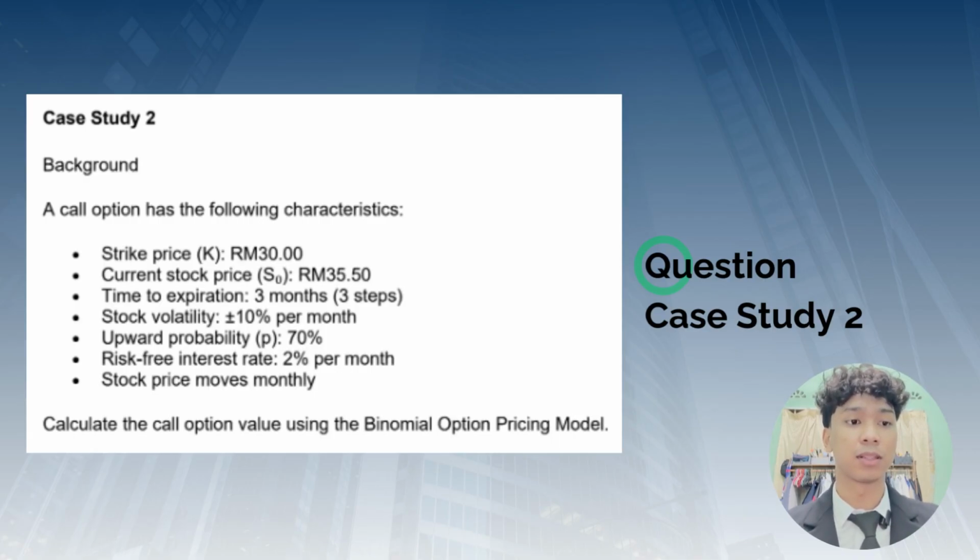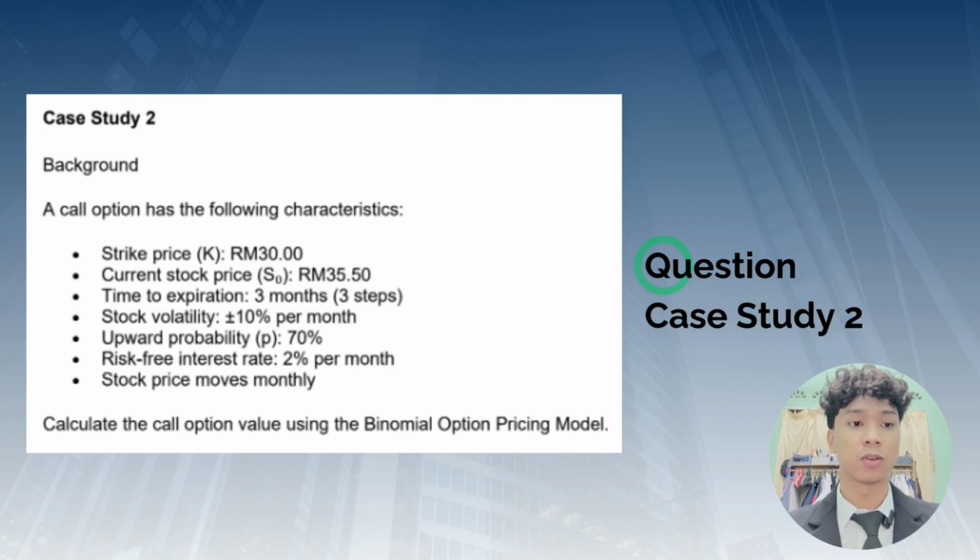Then the time to expiration is 3 months, or also 3 steps. The stock volatility is plus or minus 10% per month. And then the upward probability P is 70%.